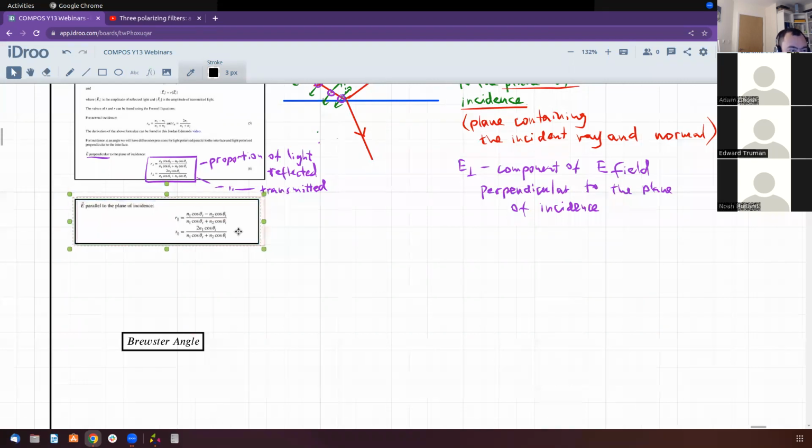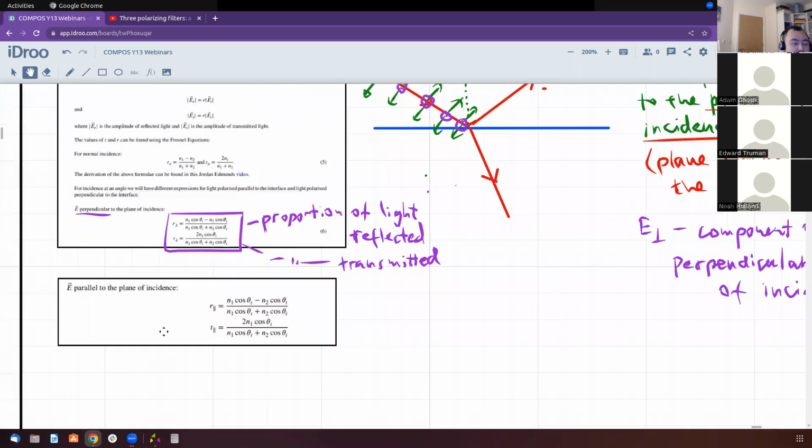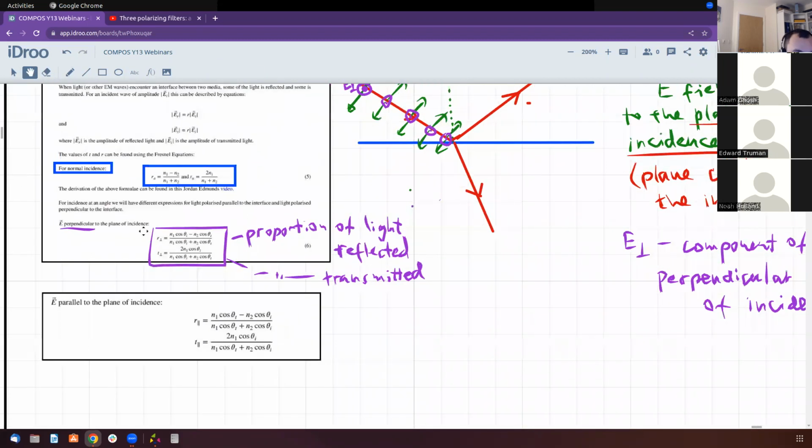All right. And if light is not falling at an angle, you have a reasonably simple formula here. So this is for normal incidence, when light falls normally.